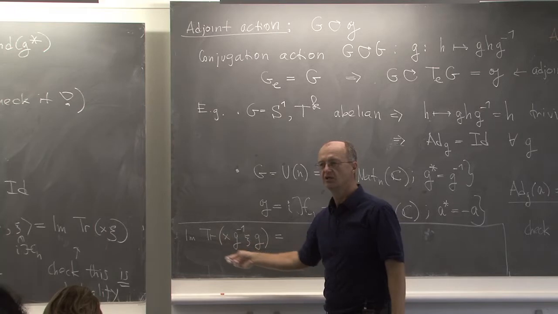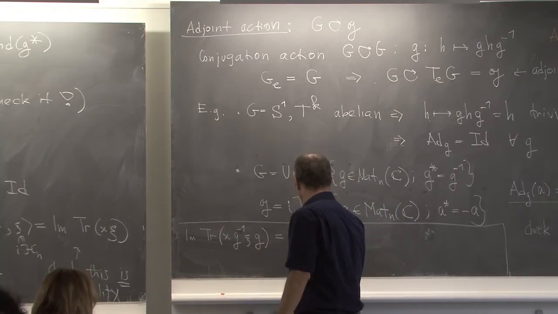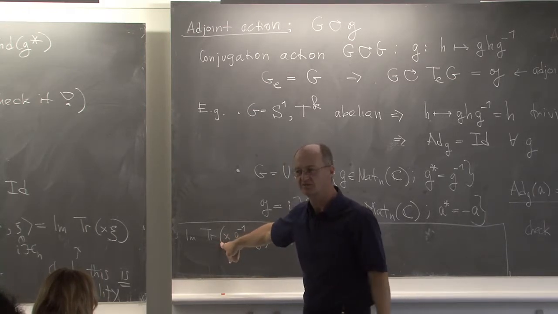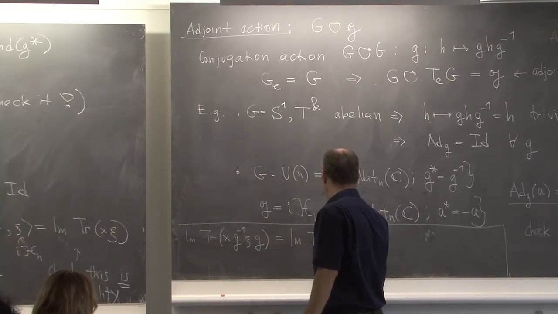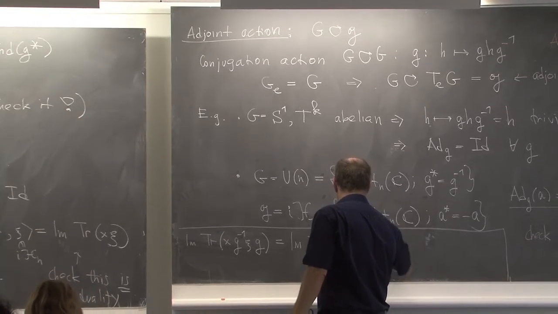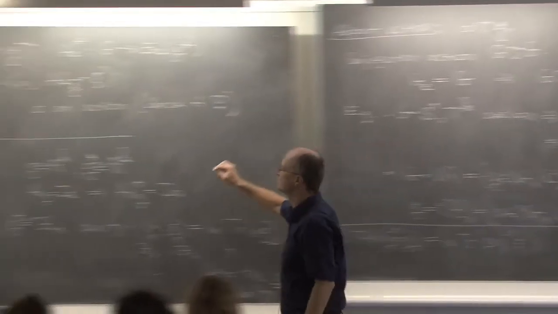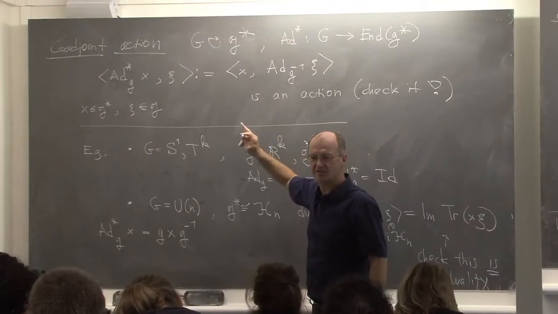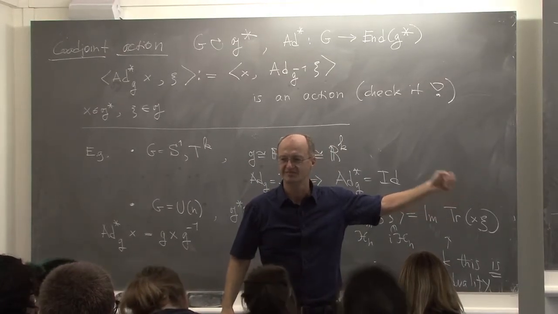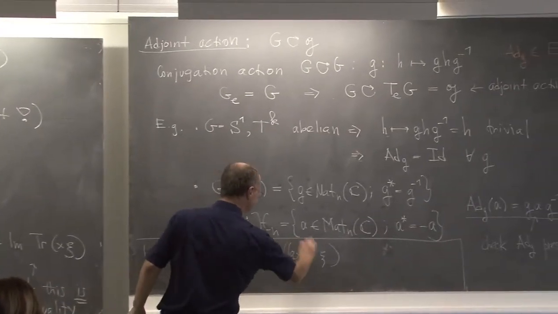That's the magic of traces. You have imaginary part of trace, and I take this g and put it on the other side. So it is g x g minus 1 psi. And see exactly because of this g minus 1, that's why it's again a conjugation.